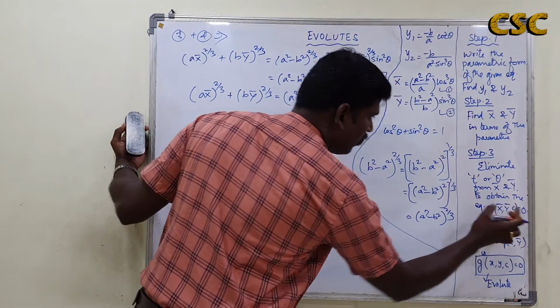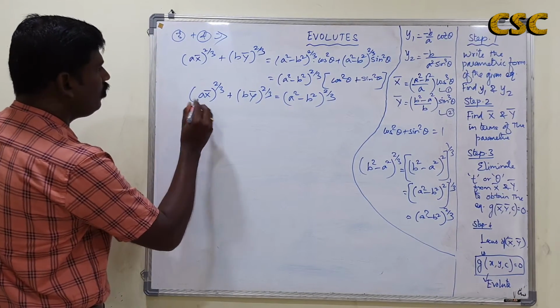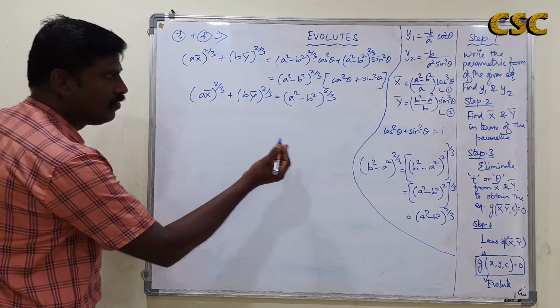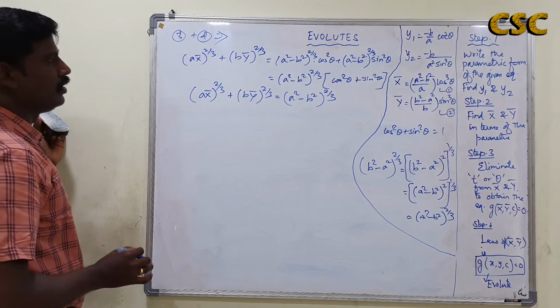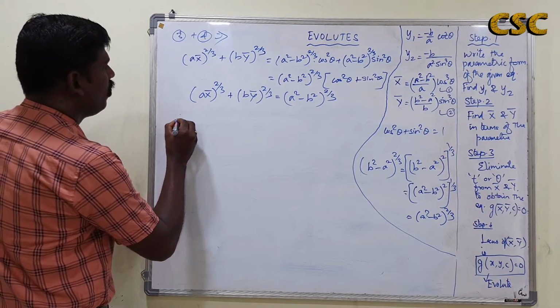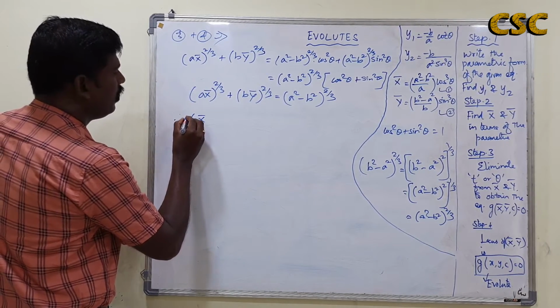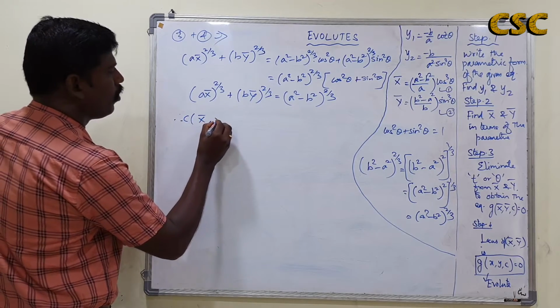This is the equation g of x bar, y bar, c. Now what is x bar, y bar? It is the center of the circle of curvature. Therefore, the point C is nothing but x bar comma y bar.